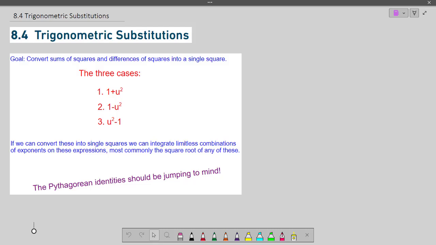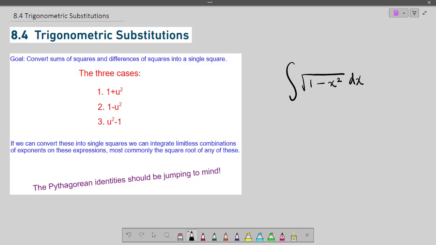So we have seen some integrals that we just don't know how to integrate. Like, for example, when we have something like this. That's a pretty simple integrand, but we don't know how to integrate it. If there happened to be an x on the outside, you could use substitution.